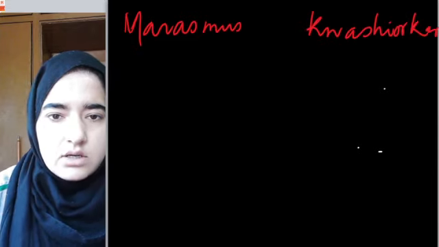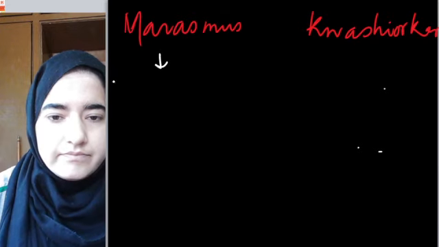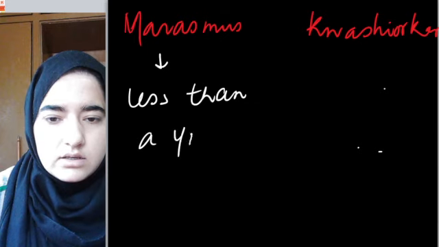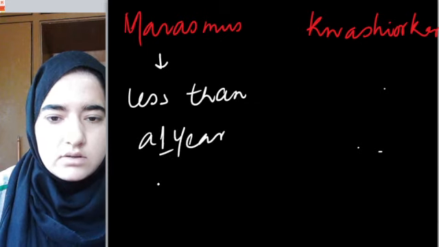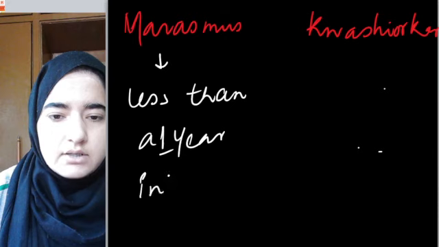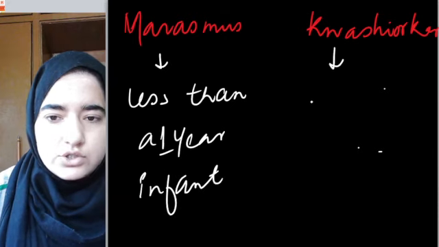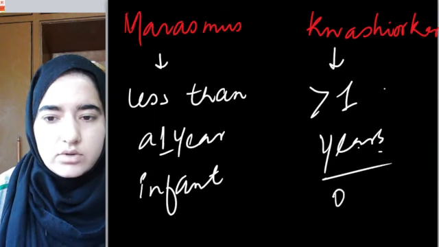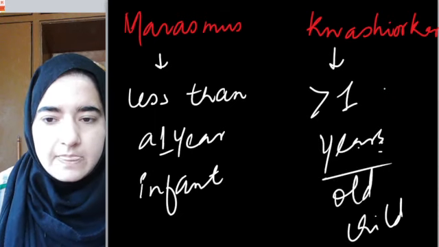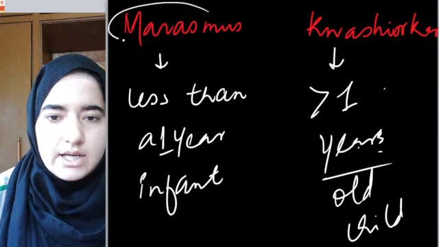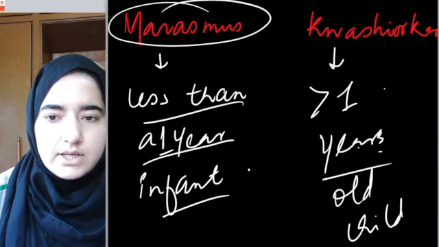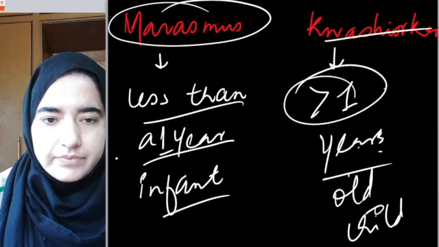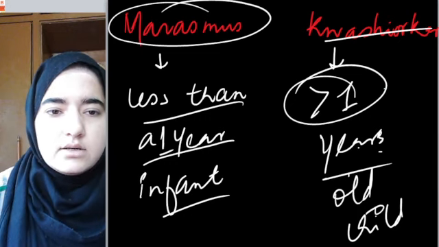Marasmus will occur in an infant less than 1 year old, and kwashiorkor will occur in a child greater than 1 year old. I hope this concept is clear.